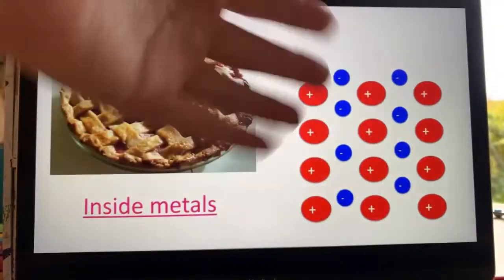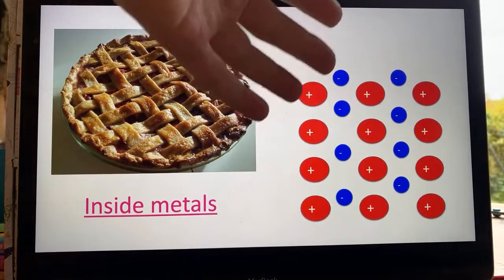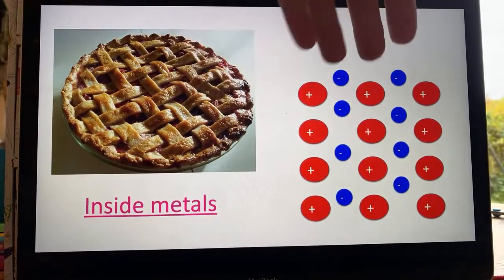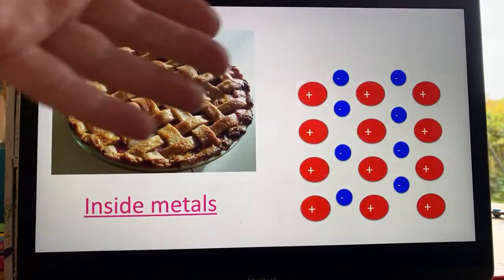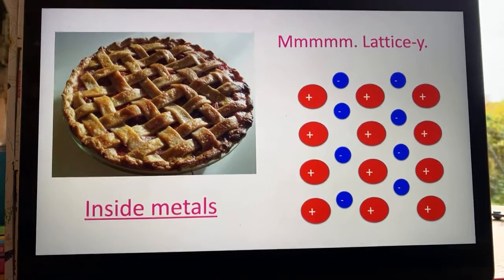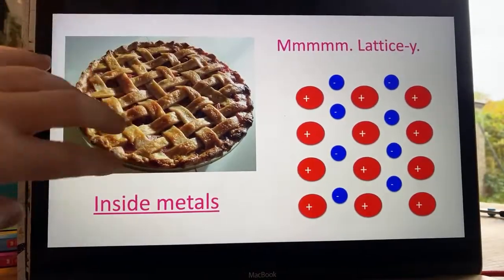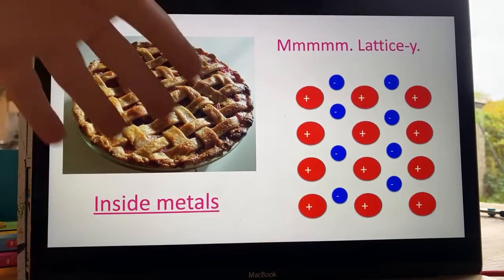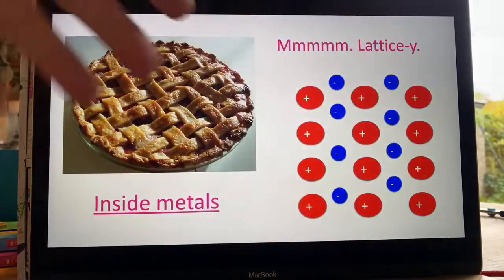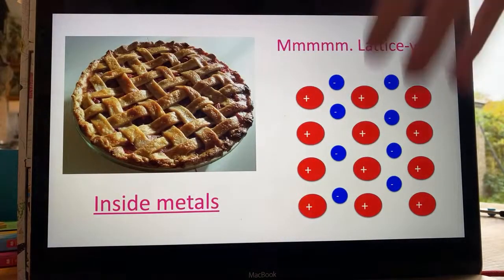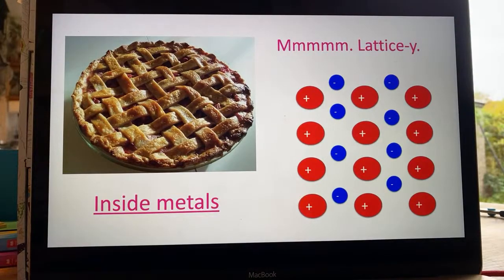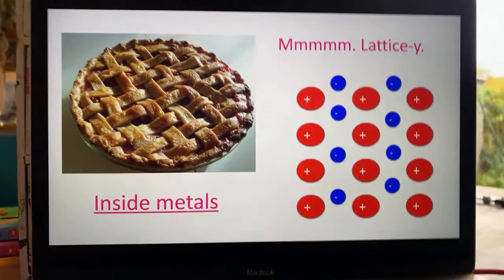They are free electrons. So that's why metals are really good conductors of electricity, because electrons moving is just what electricity is. I've put lattice because someone thought it looked like the top of a pie, so they've called it this lattice structure. But the fact that these electrons are free is also why heat energy travels really easily through metals.